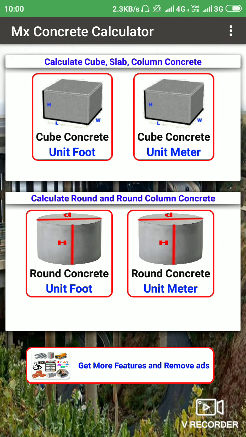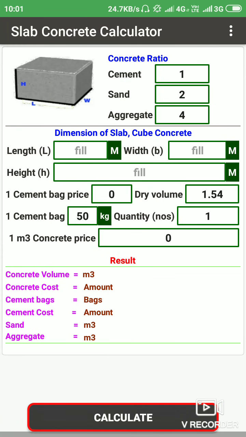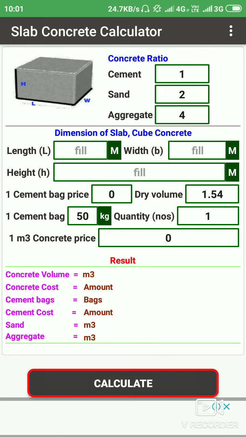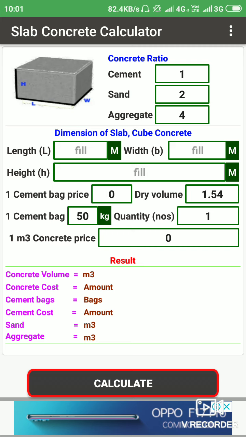For concrete quantities, there is a round concreting block and a square concreting block. We consider a square or rectangular concreting block. A concreting block is a very good example for providing a machine foundation. For example, in mechanical engineering workshops you will see the lathe machine, which creates a very good amount of vibration while working.